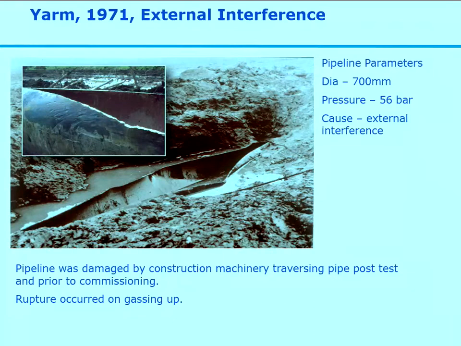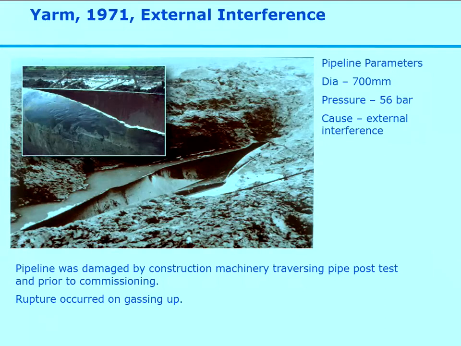Okay, this is a failure which occurred in a gas pipeline, which had actually been tested to a high level hydro test, and it failed while it was being gassed up. It was designed for 70 bar or 69 bar operation, and it actually failed at 56 bar during gassing up.